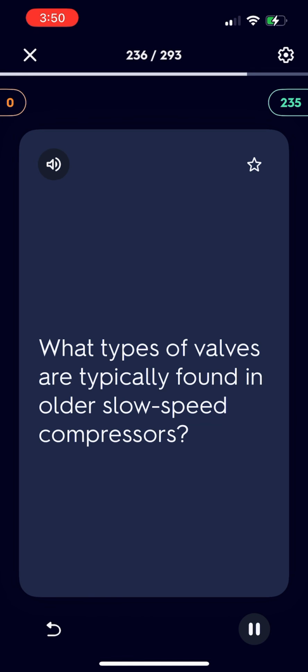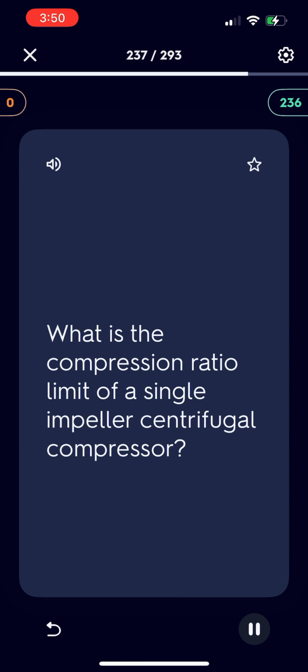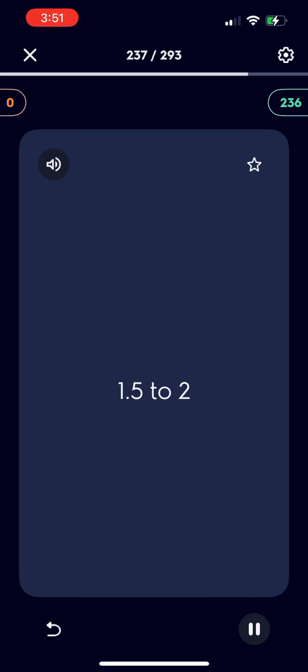What types of valves are typically found in older slow-speed compressors? Poppet valves. What is the compression ratio limit of a single impeller centrifugal compressor? 1.5 to 2.